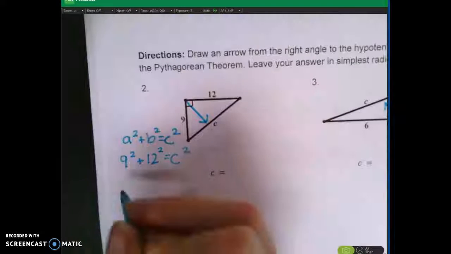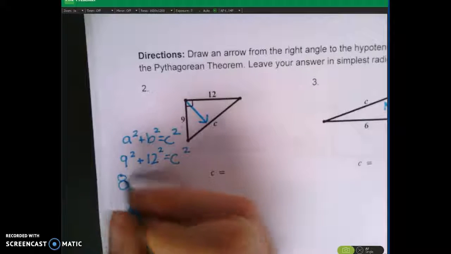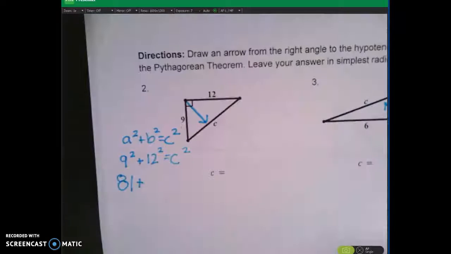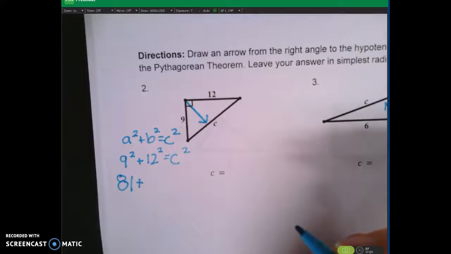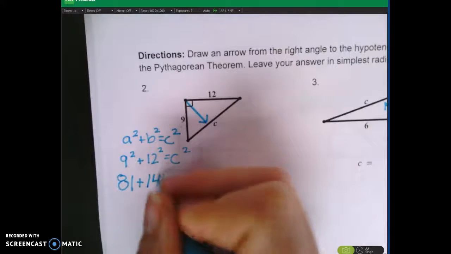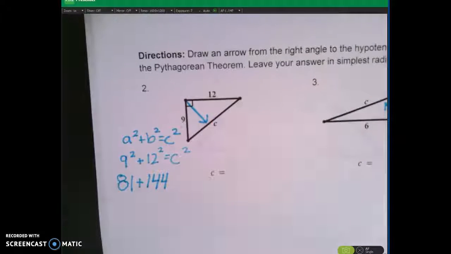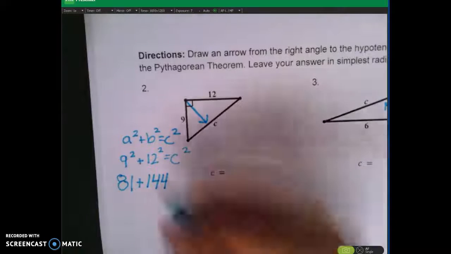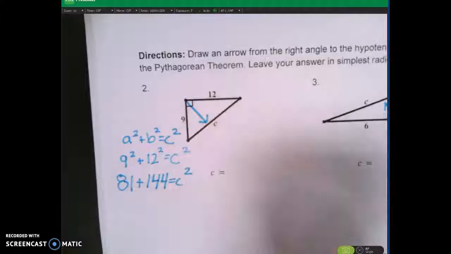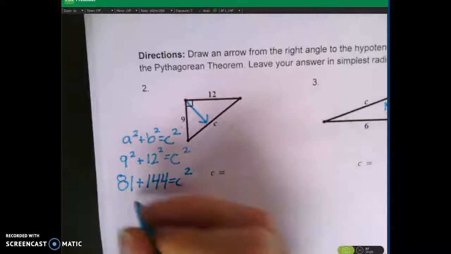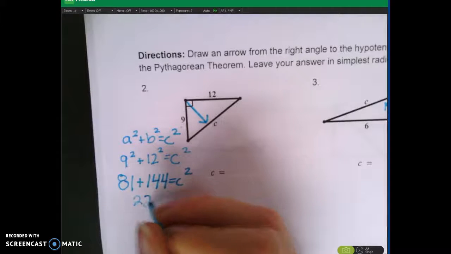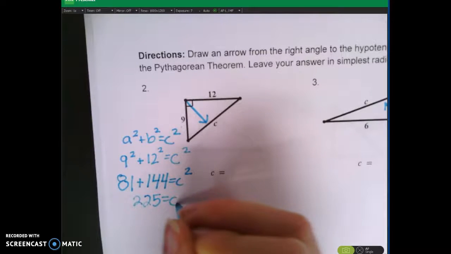9 squared is, that's right, 81. 12 squared is, that's right, 144. And that's going to be set equal to my c squared. When I add 81 and 144, I get 225 equals c squared.